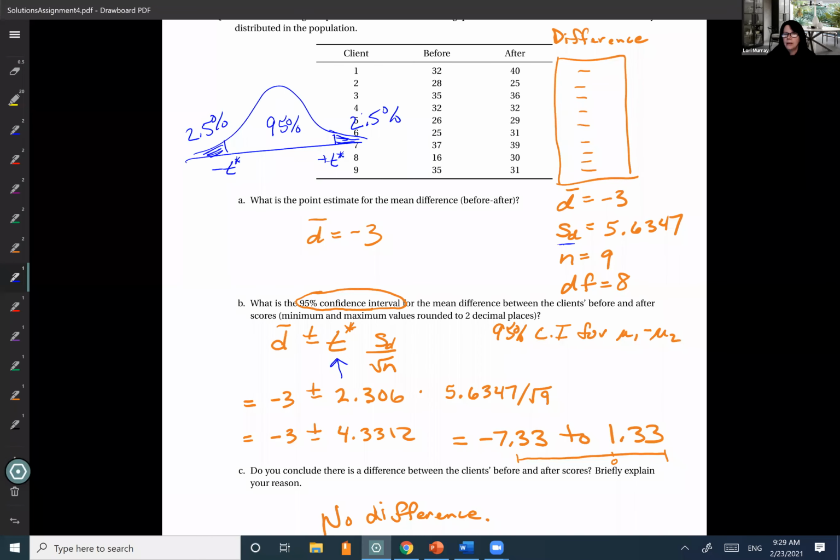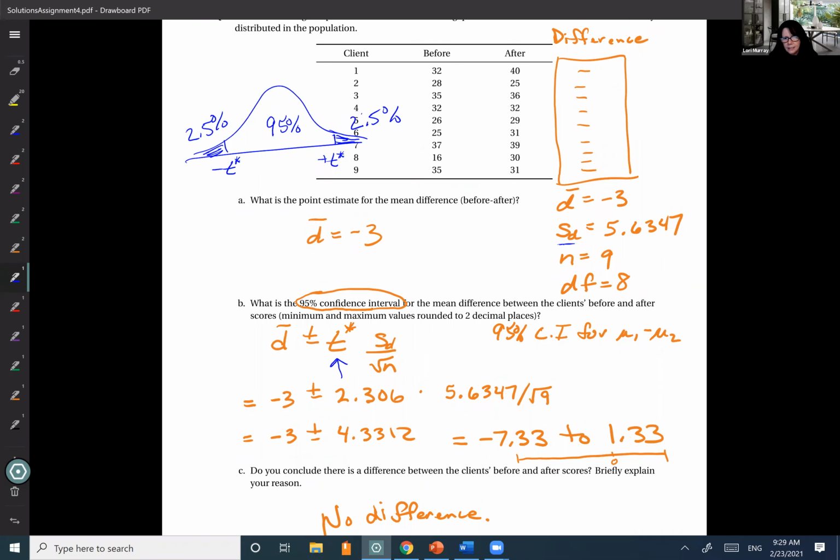Normally there would be 10,000. If you have 1,000 or even 400 clients, something like that, you could probably get away with using Z because it's going to be a high enough sample. But T, especially when it's small like this, you want to always use T. There's only 9 clients here.